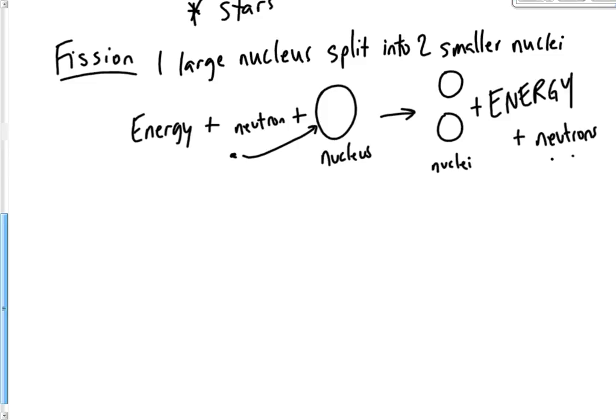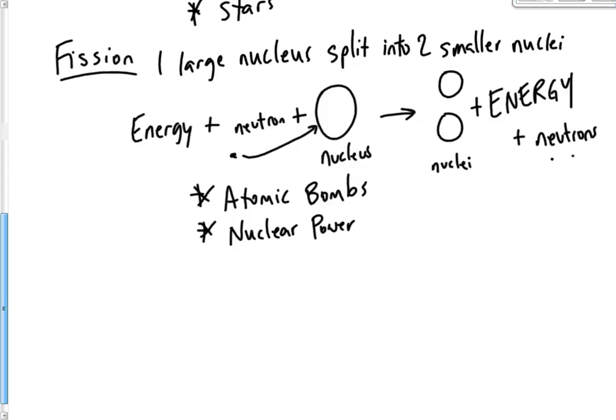So these are atomic bombs. It works on that concept of a chain reaction. It also takes place in nuclear power plants, which is why a lot of people are nervous about nuclear power plants, because of the atomic bomb.